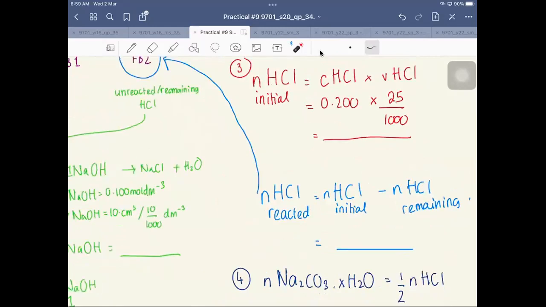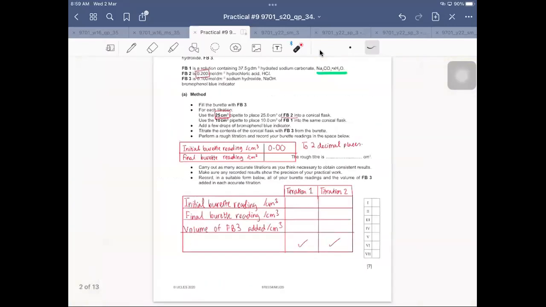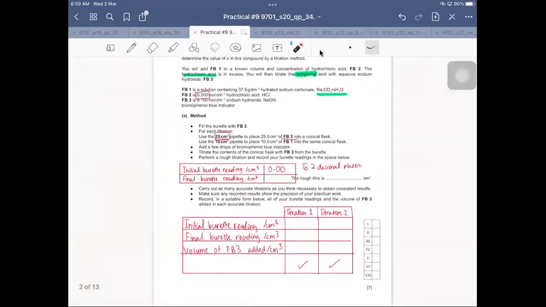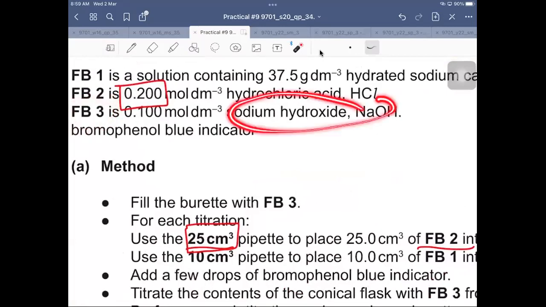All right, so if you look at the question, you do your titration as usual, and then you find out the volume of FB3. FB3 is your sodium hydroxide, where you know the volume of your titre and you know the concentration.